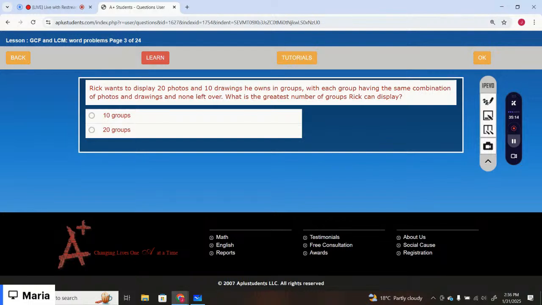You need to find the greatest common factor. So the greatest common factor is 10 groups. Option number 1 is the correct option.